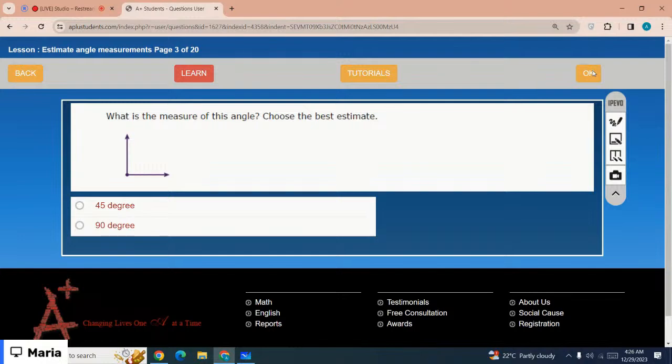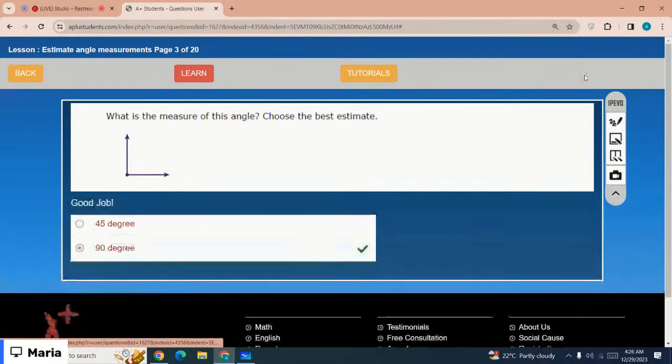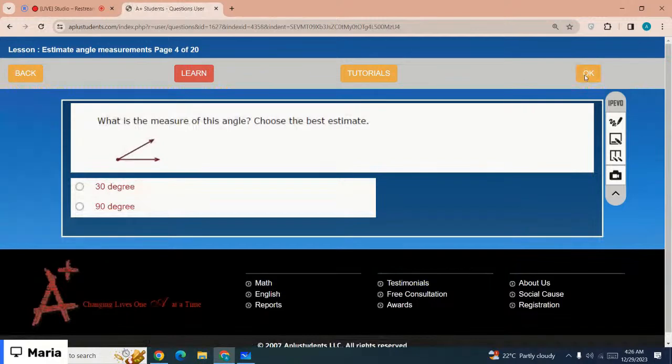What is the measure of this angle? 90 degrees it is. The correct option is 90. What is the measurement of this angle?